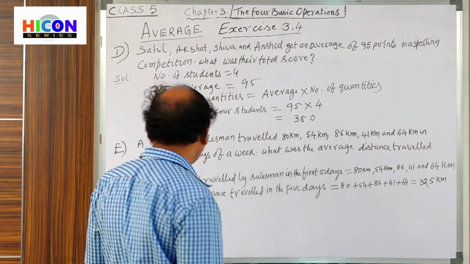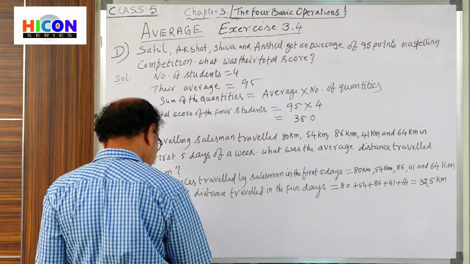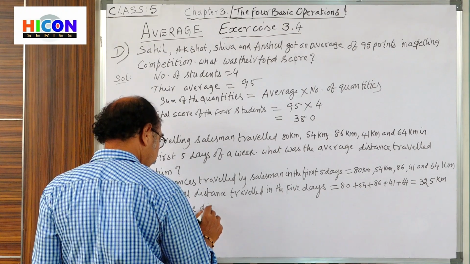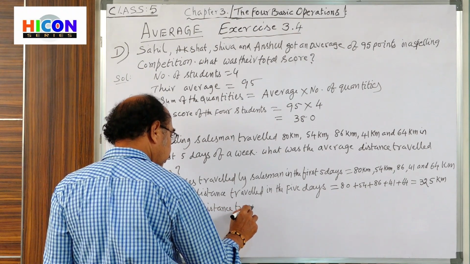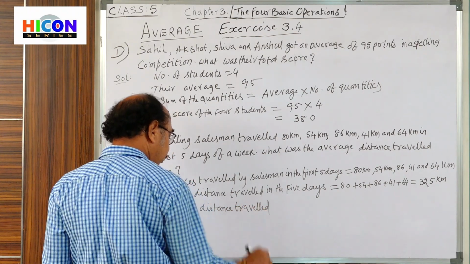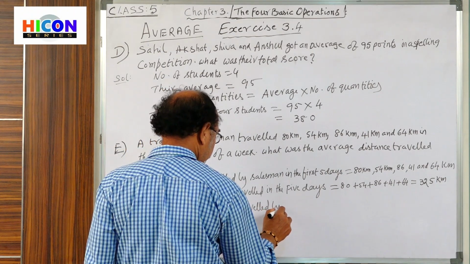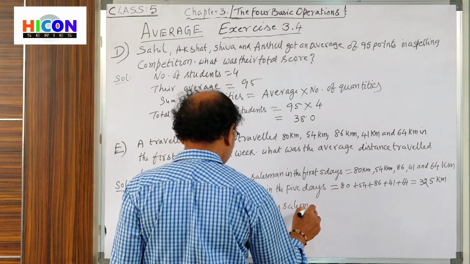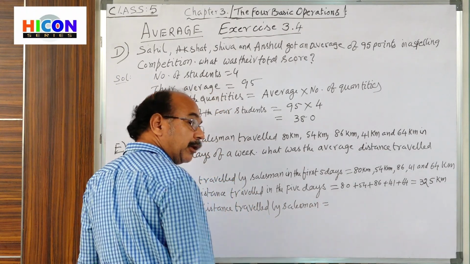Now average. He asked the average distance traveled. Average distance traveled by salesman is equal to, what is the formula?